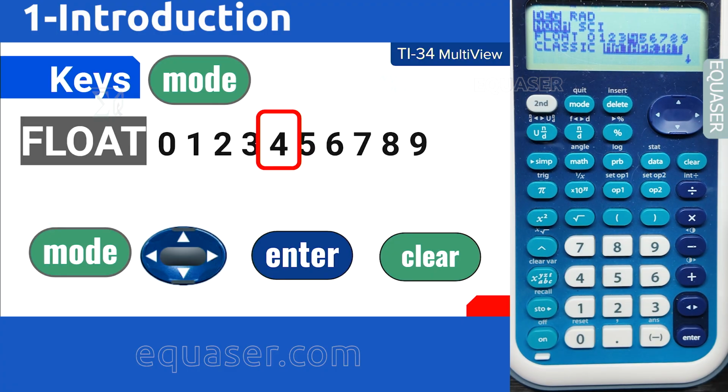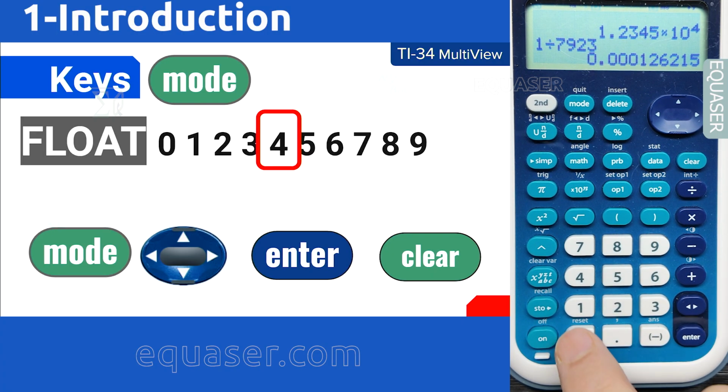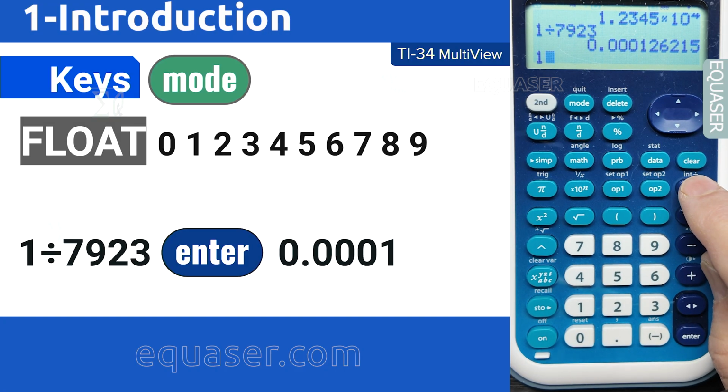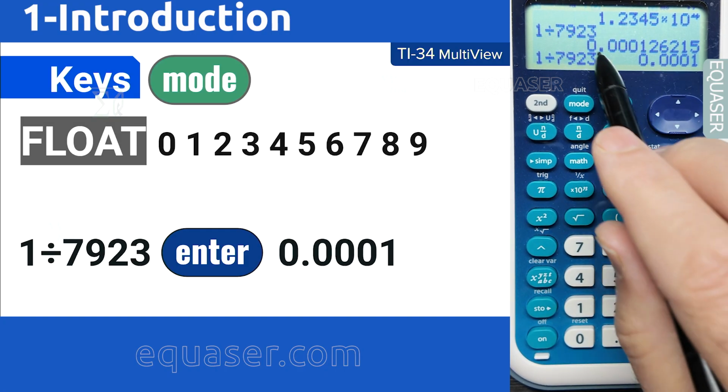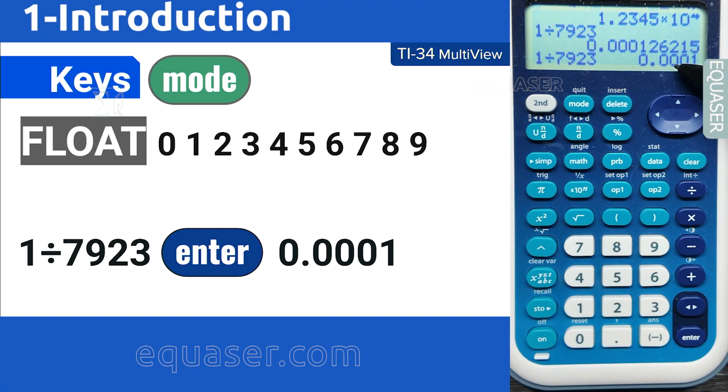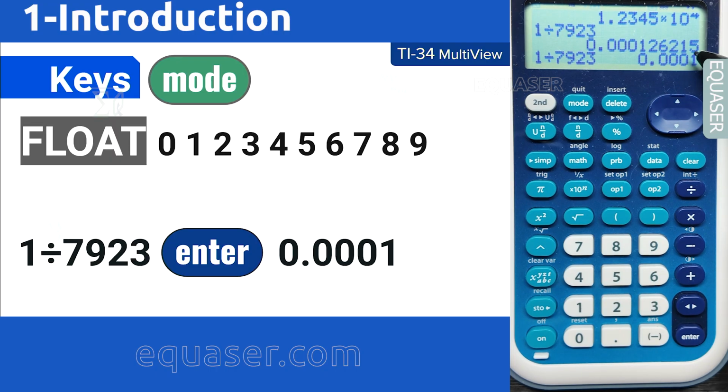Now we have selected 4 decimal, 4 floating point or 4 decimal values, and then if we do 1 divided by 7923, enter. Now before the result was like that, and now it's like this. And as you can see now, 126,215. So from 2 and beyond, everything has been rounded and removed.